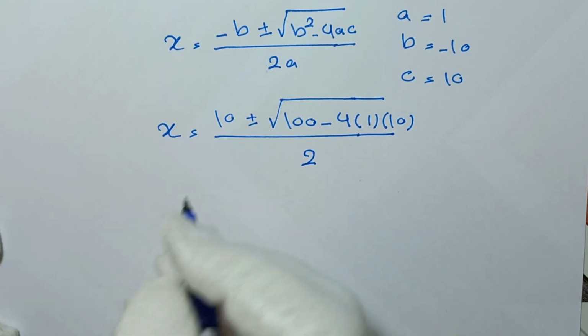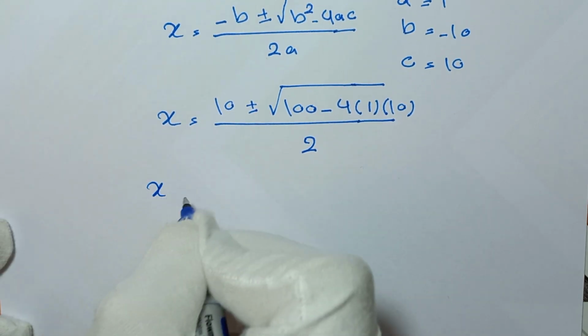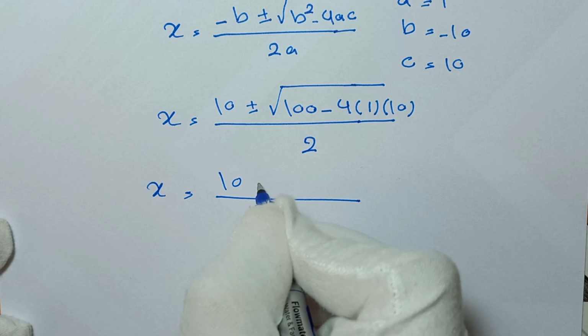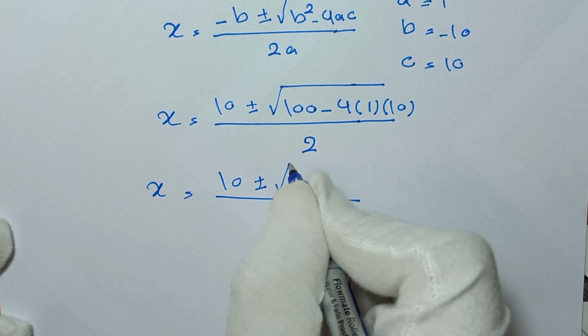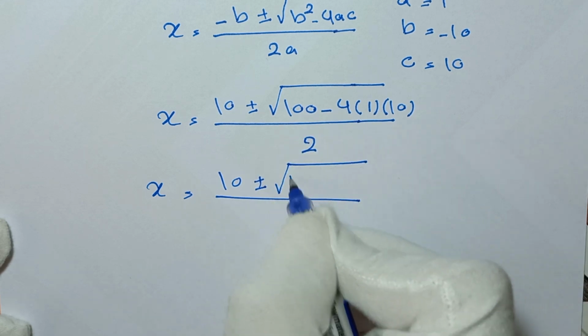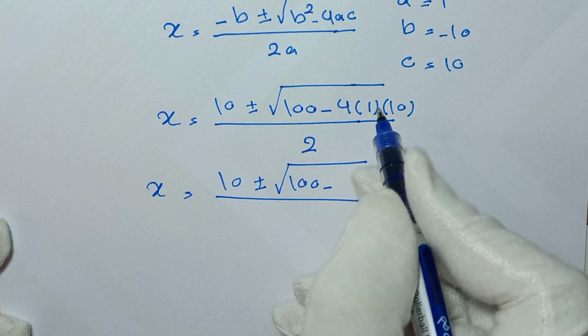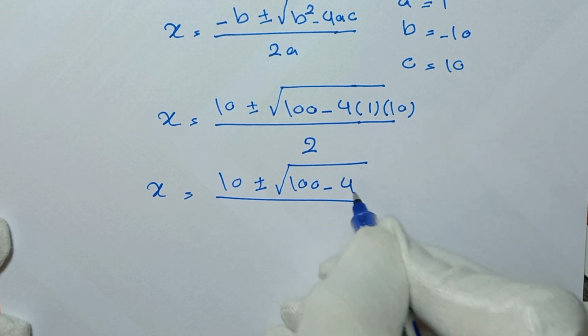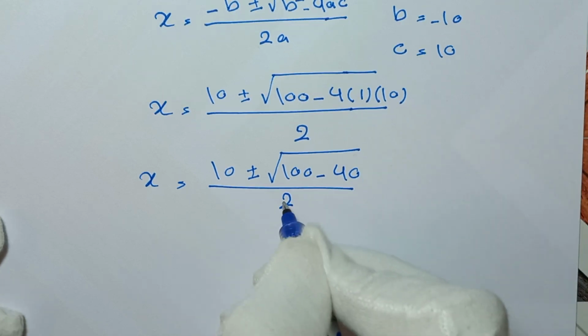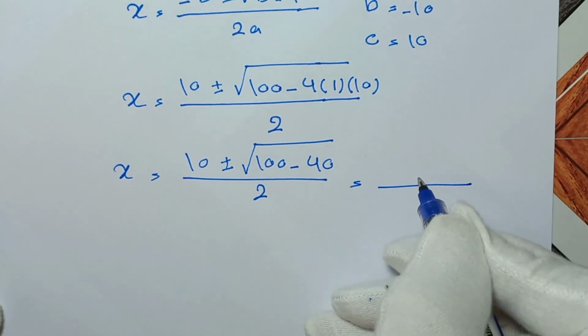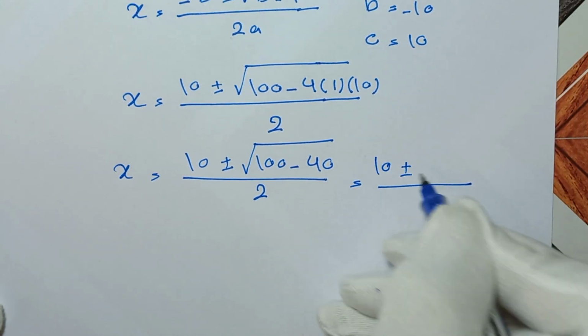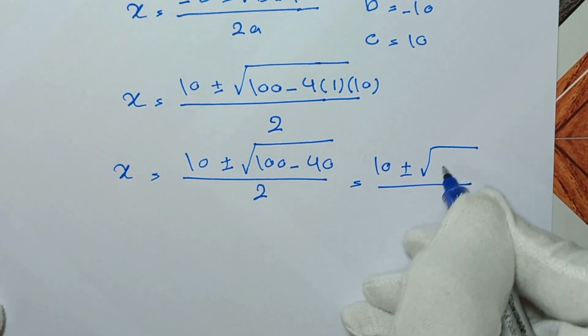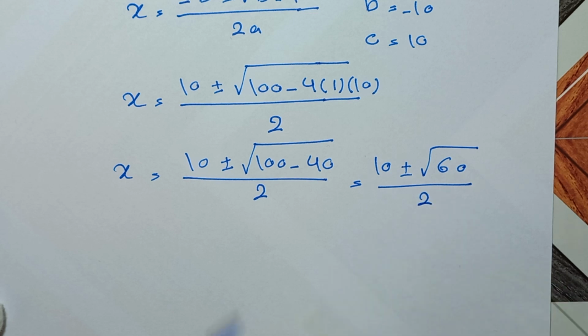And it will be x is equal to 10 plus or minus square root of 100 minus 4 times 1 times 10, it will be 40, and over 2. And it will be 10 plus or minus square root of 60 over 2.